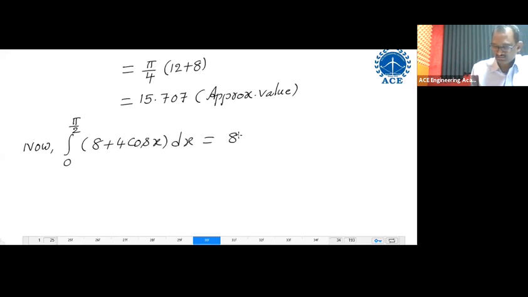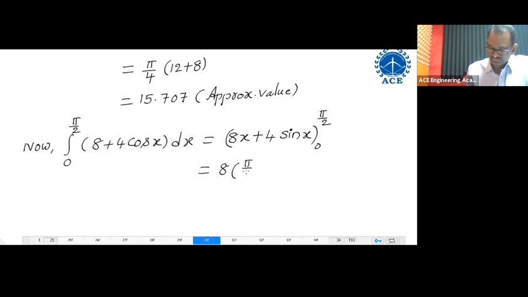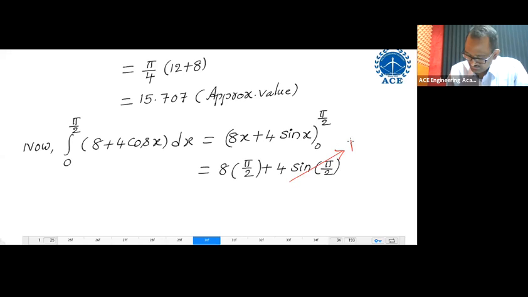That is 8x, and the integration of cos x is sin x, so 4 sin x, from 0 to pi by 2. Sin pi by 2 value is 1.